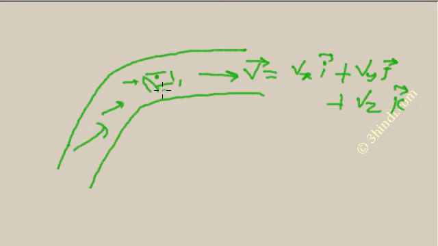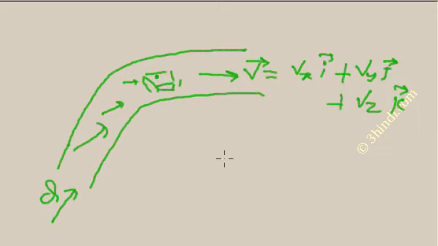That value is basically the rate of production of the amount at that point. Suppose this is only a pipe where the same amount of water is flowing. Suppose Q is the amount of water going in, and the same amount of water is coming out. So there is no production of any quantity of liquid at this point.